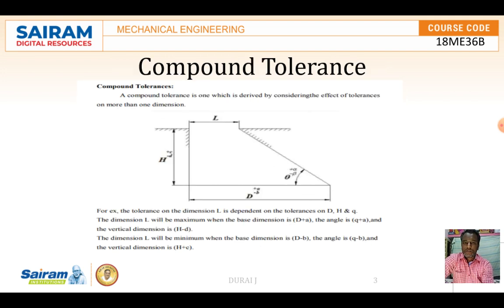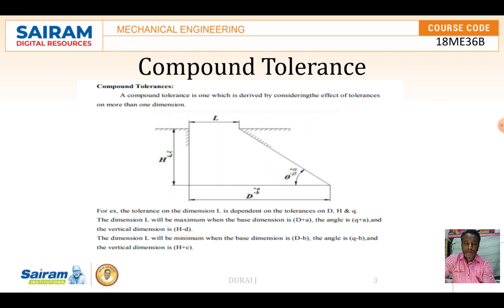Then comes the next thing, compound tolerances. Compound tolerance is the effect of more than one dimension. Suppose the height tolerance varies; definitely the length tolerance will change, and the angle tolerance value also has to change.